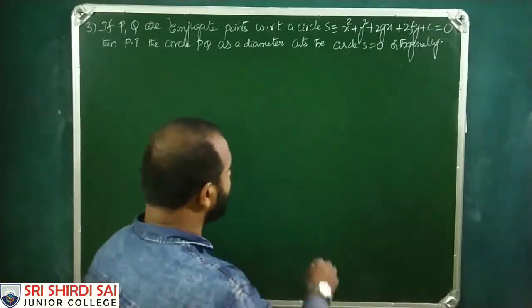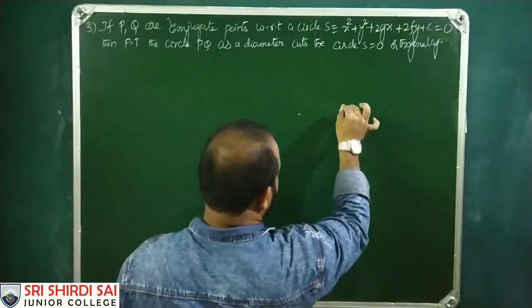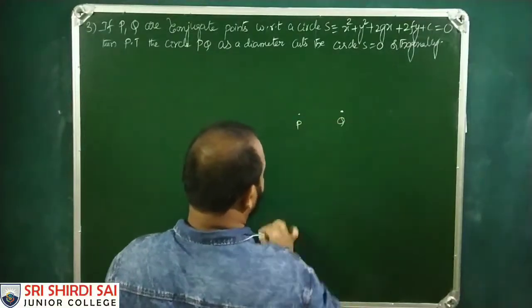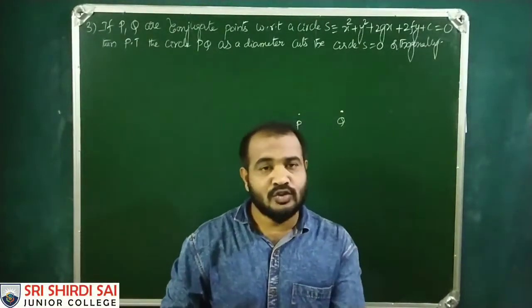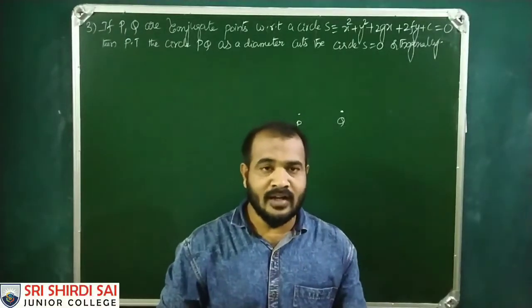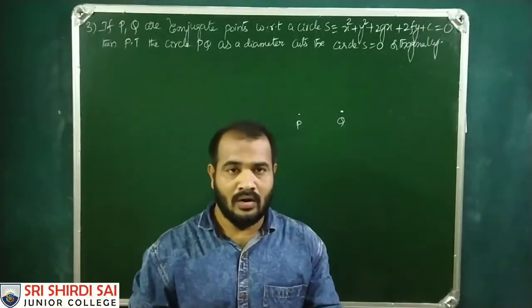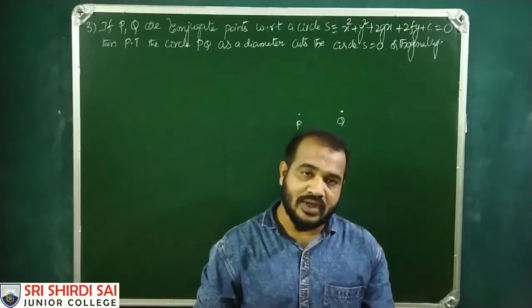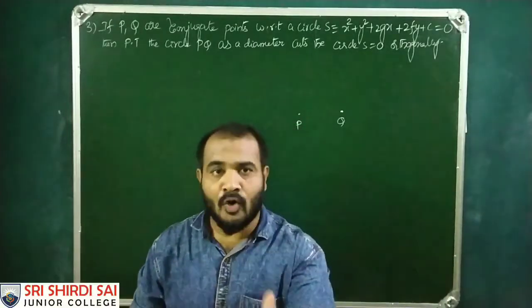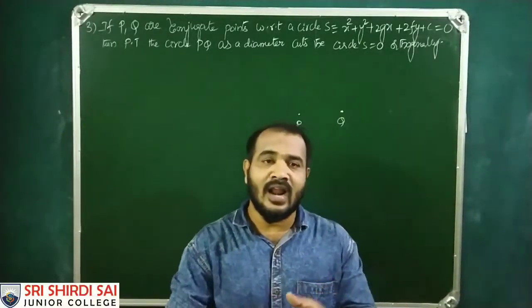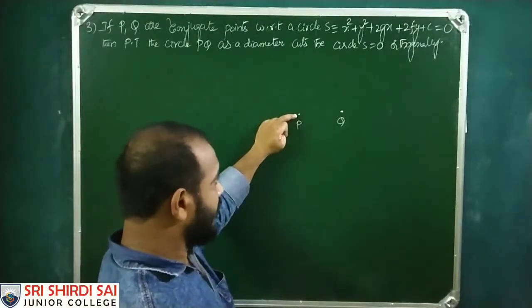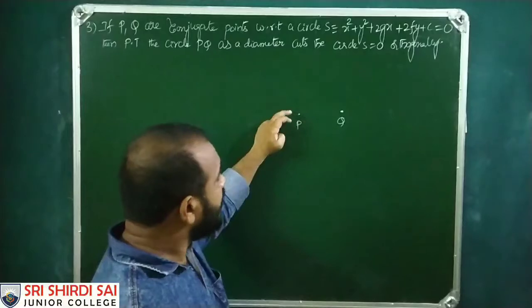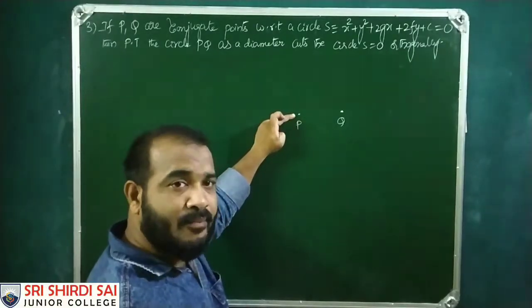For example, these two are the points, P and Q. A point can be understood as a pole, or a pole can be understood as a point, and the polar is a line. So if P is a point, that means it's a pole, it has to have a polar.